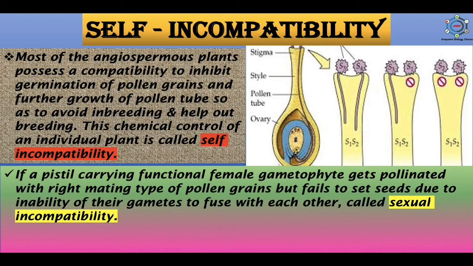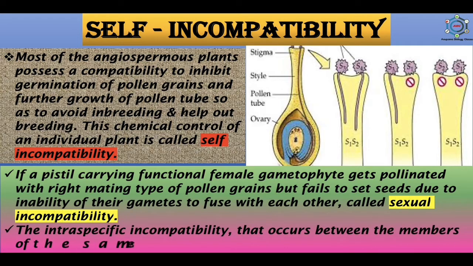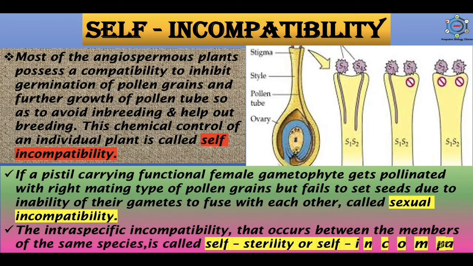If it is between individuals of different species, it is called interspecific sexual incompatibility, and if between individuals of the same species, it is called intraspecific sexual incompatibility. Now, the intraspecific incompatibility that occurs between the members of the same species is called self-sterility or self-incompatibility.